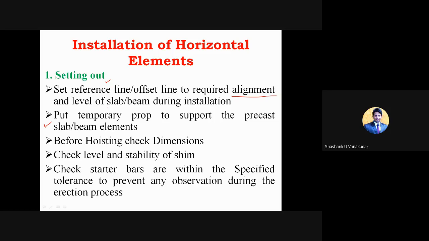It is very difficult for it to be stable on that column portion through those joints alone, so they place some grouting material. Until that grouting material sets, they require some additional supports. So temporary props are required to support the precast slabs as well as the beams.